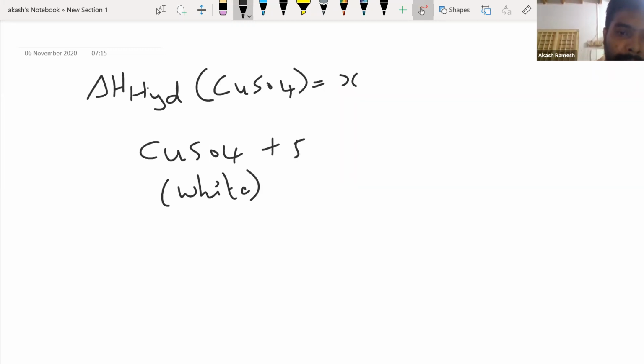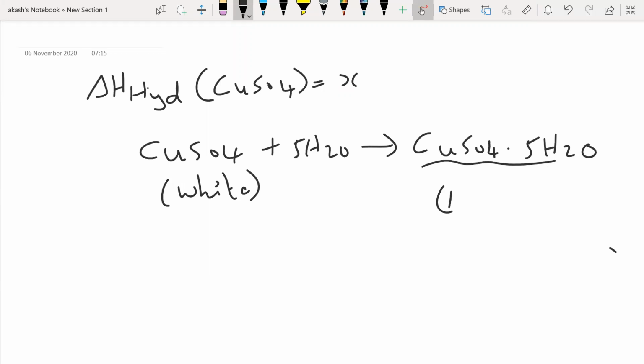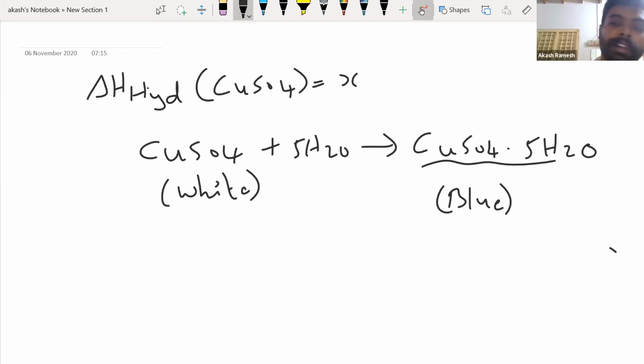But if I add enough water molecules, generally 5 moles of water, it is going to form CuSO4·5H2O, right? Now, can you tell me what is the color of this compound, the product? Blue. Exactly. So I'm going to have blue color for hydrated copper sulfate.